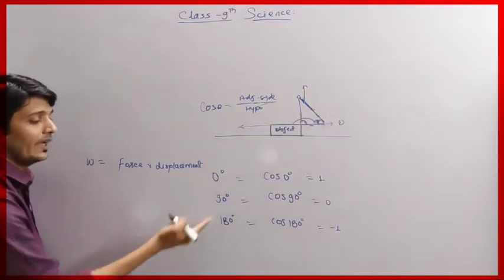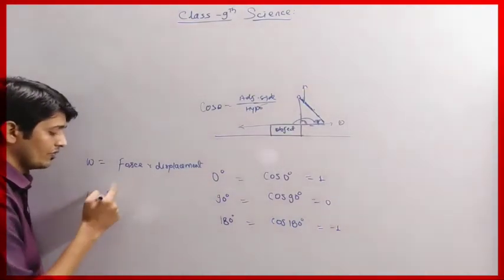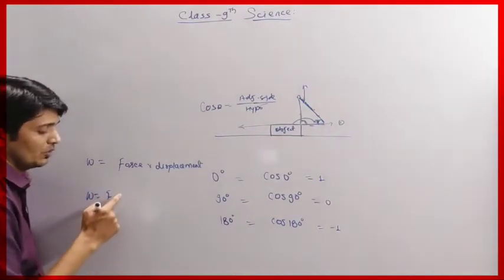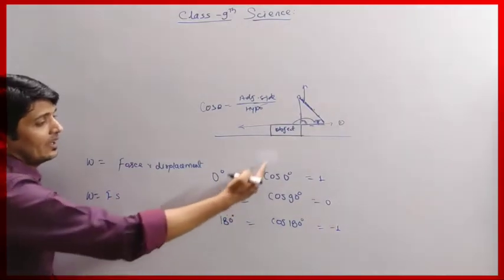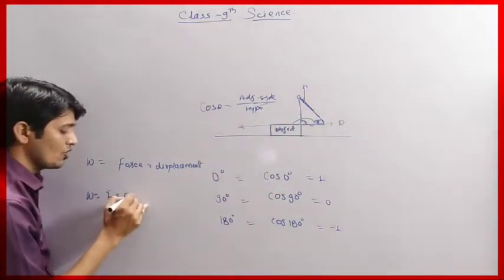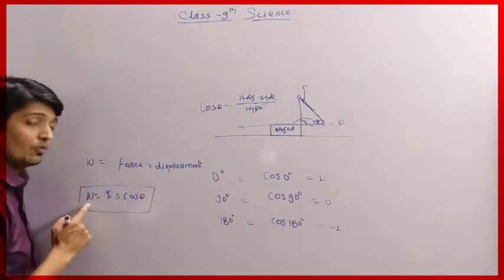For different angles, we write W equals F into S, and taking the angle as theta, we write W equals Fs cos theta. This is one of the formulas for work done.